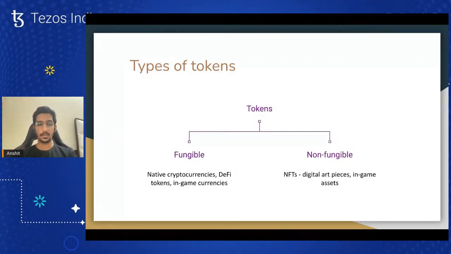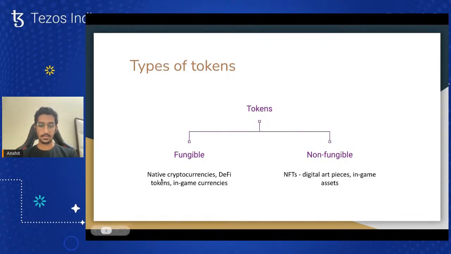So I'll broadly divide the tokens into two categories. First is fungible tokens, and then non-fungible tokens. There can be a lot more categorization of tokens, such as utility tokens, native tokens, in-game currencies, NFTs, and all this stuff. But broadly, they all can be categorized into fungible and non-fungible tokens.